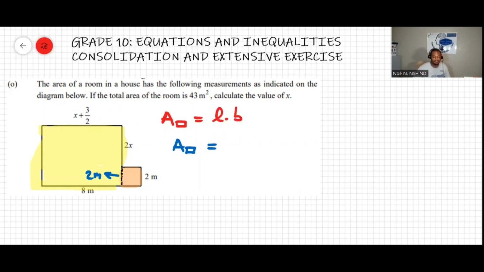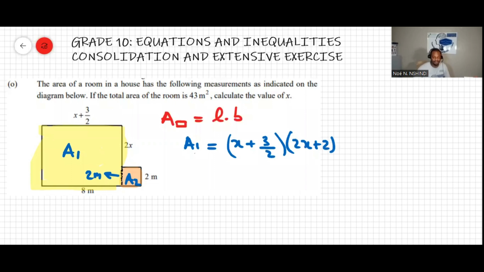You can call it area 1 and area 2. Then area 1 will be equal to x plus 3 over 2, multiplied, we can use brackets, by 2x plus 2.